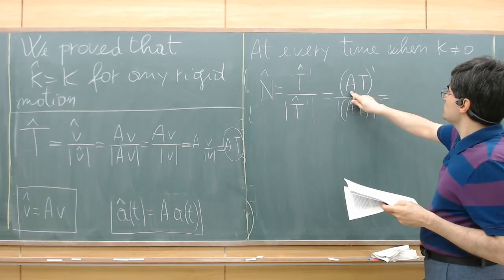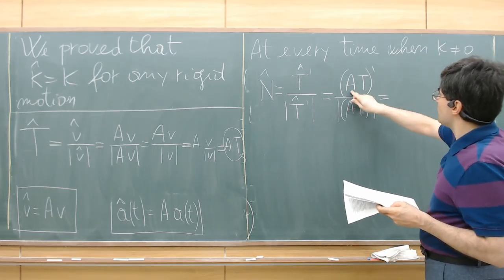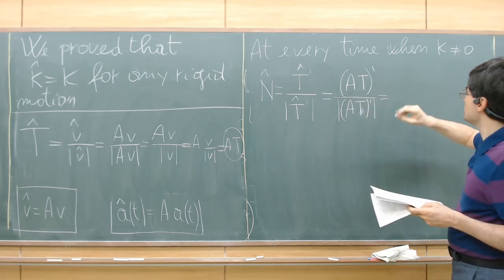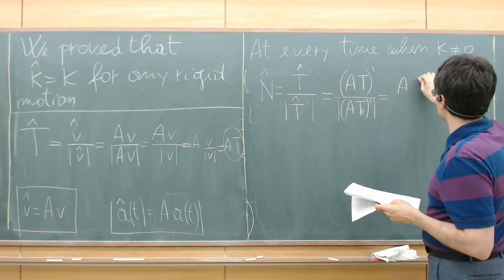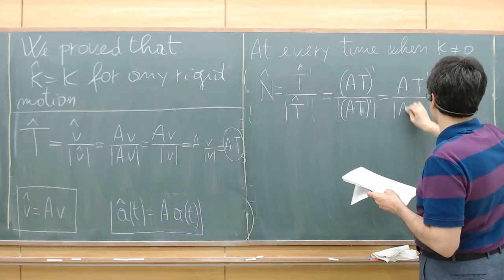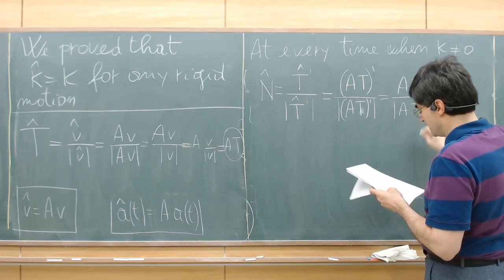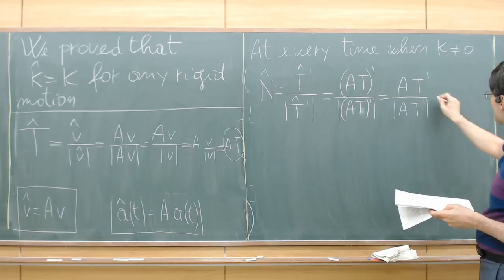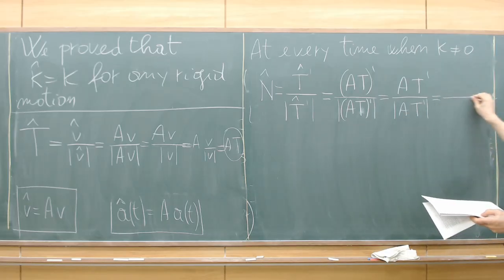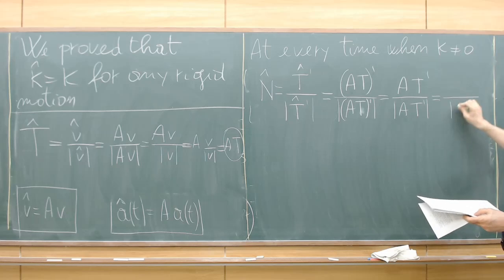This is the derivative of a product of a constant matrix and a vector, so you get again A t prime divided by the length of A t prime. By the orthogonality of the matrix A, the denominator reduces to the length of t prime.